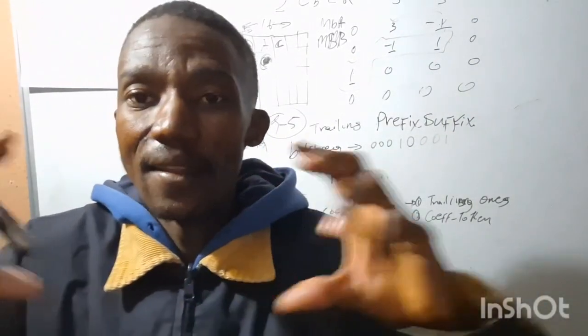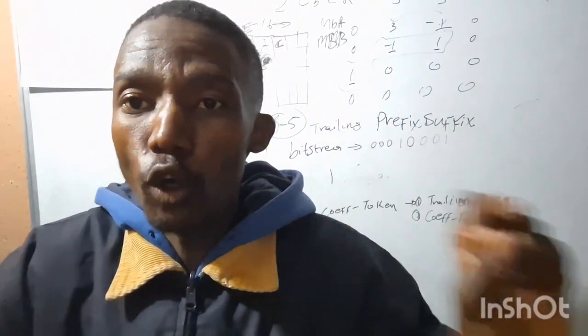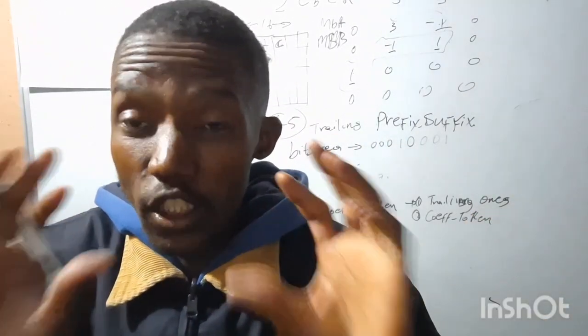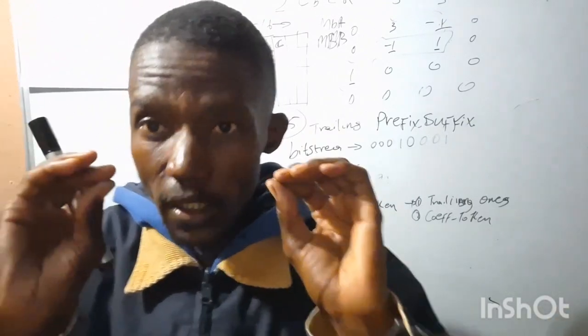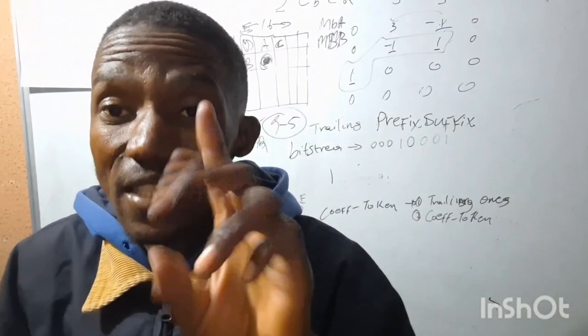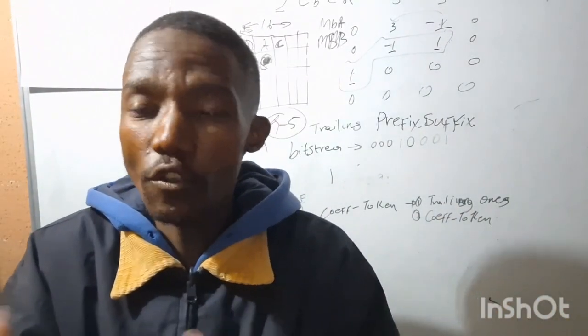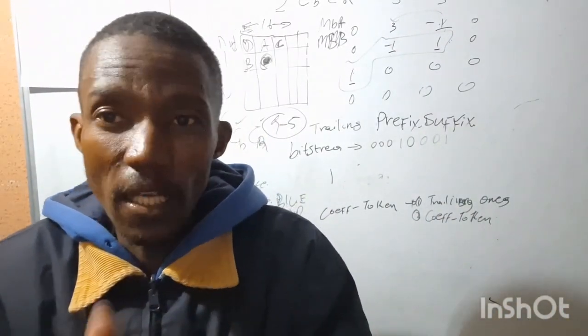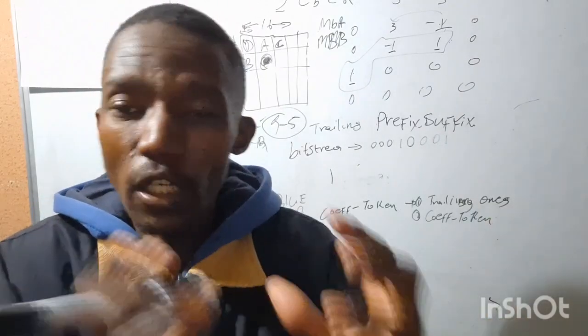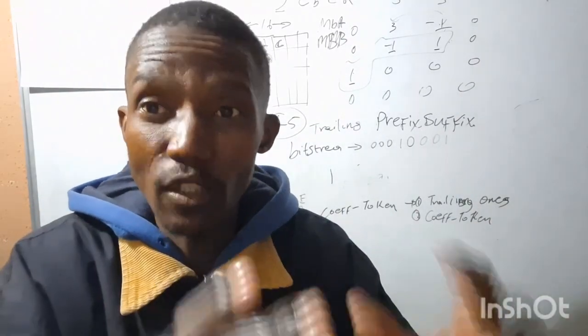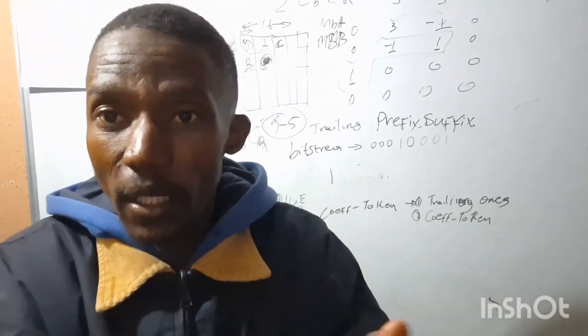We say the bit stream to encode each level is composed of two parts. The prefix part is basically a series of zeros terminated by a 1. We're going to look at how you calculate the number of zeros that will precede that 1 to make up your prefix.